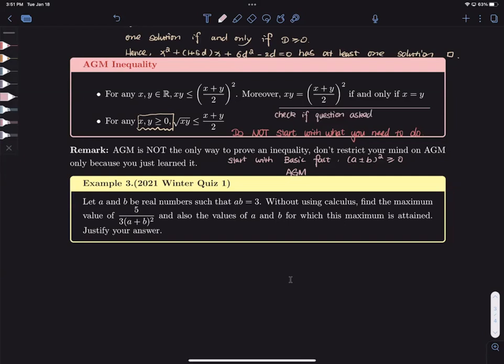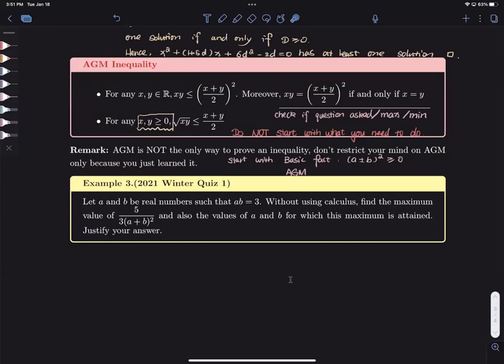Or, this is quite important to remember, the question asks you for a maximum or minimum value. If they say find the maximum of something, or find the minimum of something, you need to check the equality holds. Otherwise, you will lose mark.